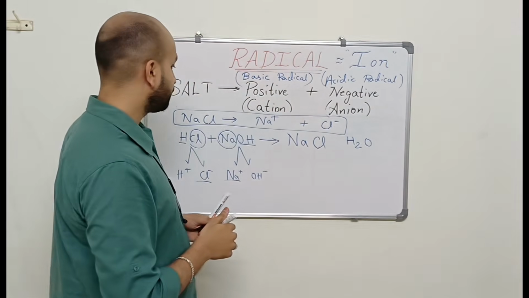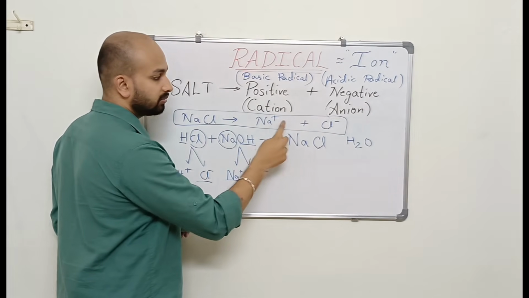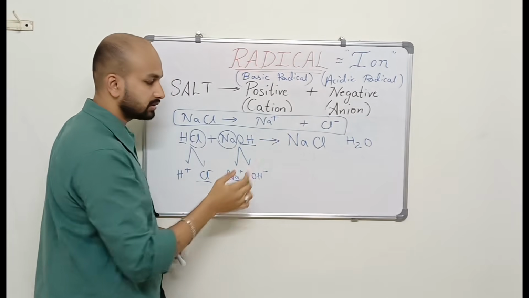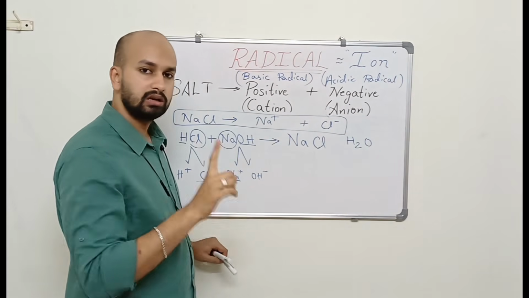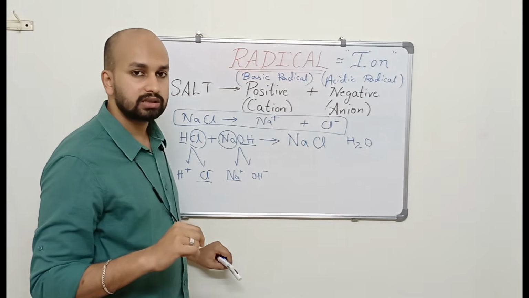What does that mean? Here I have written sodium chloride dissociating into Na plus and Cl minus. So this is a radical. There are how many atoms in this? One atom. How many atoms in this? One atom.